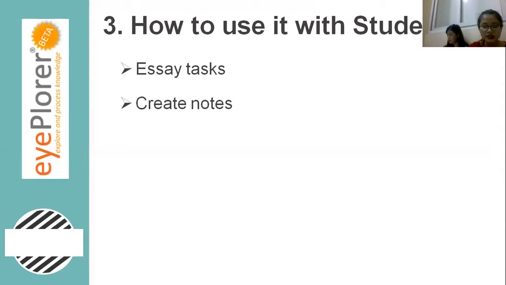Last but not least, it is convenient for students to find relevant references based on an essay assignment question. Therefore, not only can students complete their task at ease, but they also have a chance to broaden their knowledge.